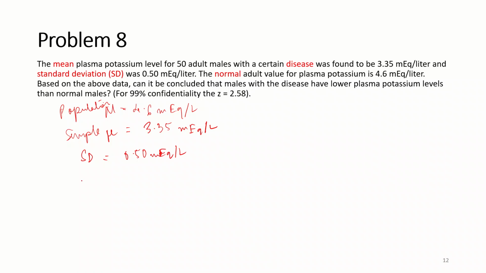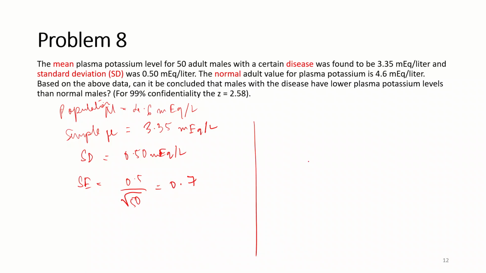And to find the standard error, you can find it by 0.5 divided by root 50, as 50 patients are there, 50 adults, so it will be around 0.07.